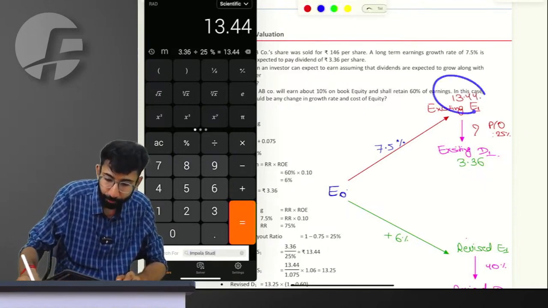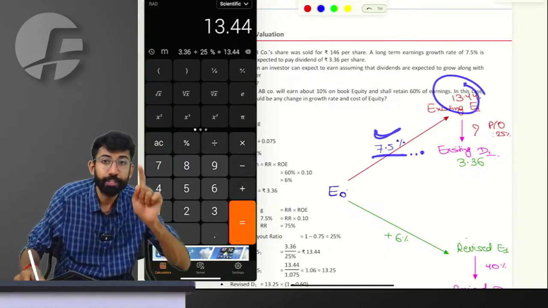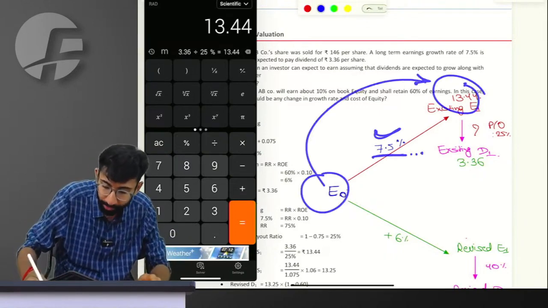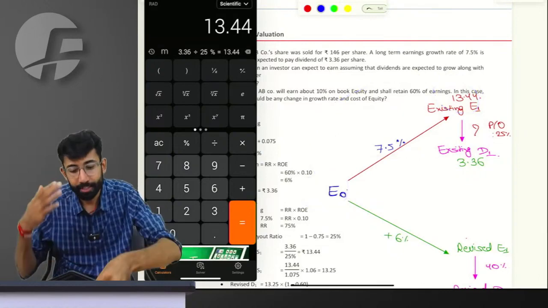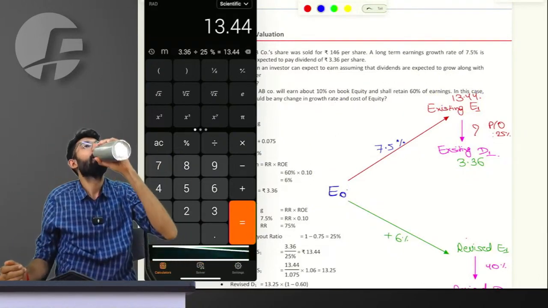If 13.44 is the existing EPS, and that comes after 7.5% growth from 0 to 1 year, can you tell me what would be EPS at 0 point?